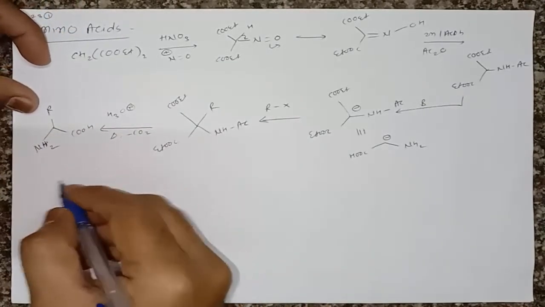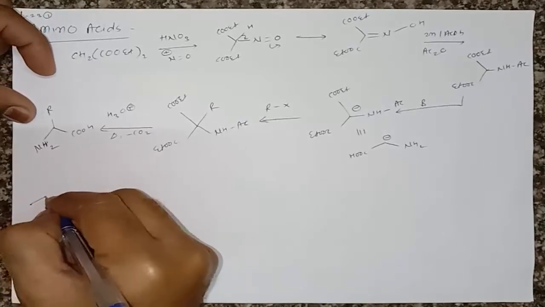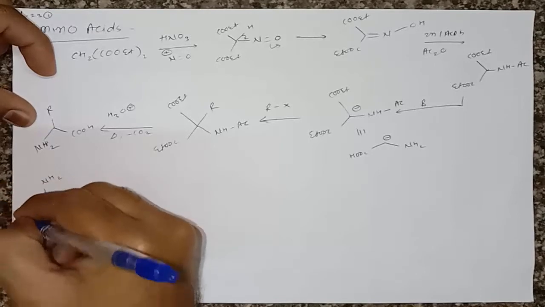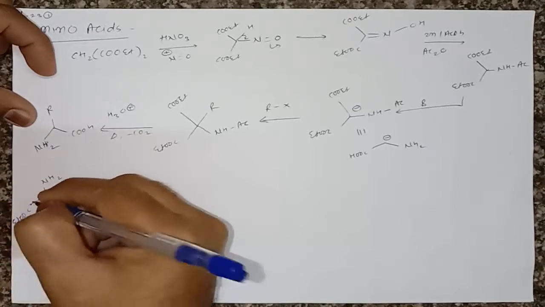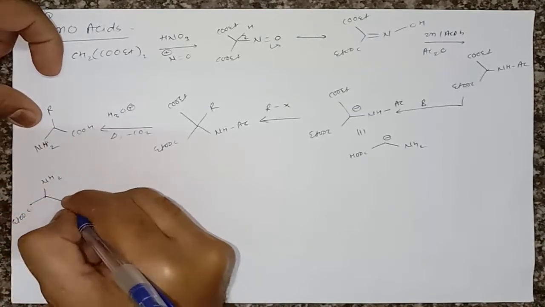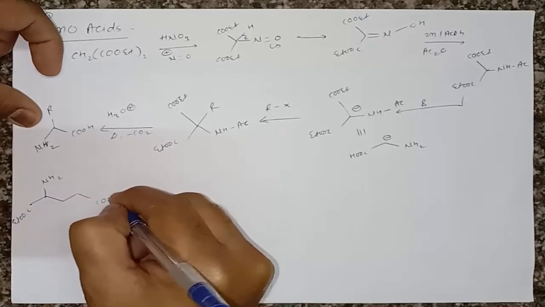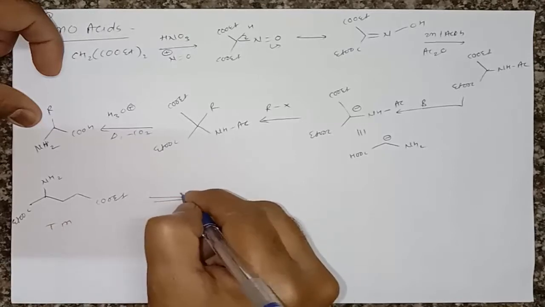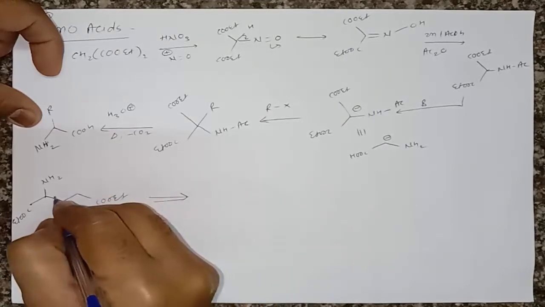On the basis of this, we will take one target molecule containing an amino acid in this way. Here, instead of the acid, we can take this ester, then CH2COOEt. So this is the target molecule, and we have to break this target molecule using the same synthetic route.